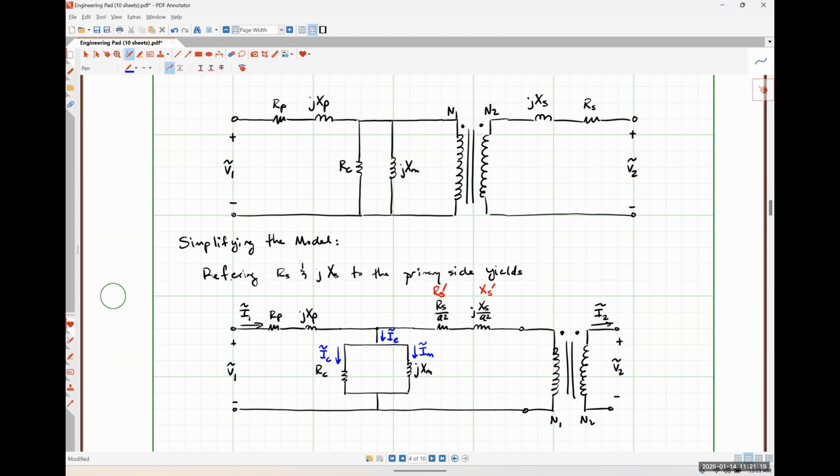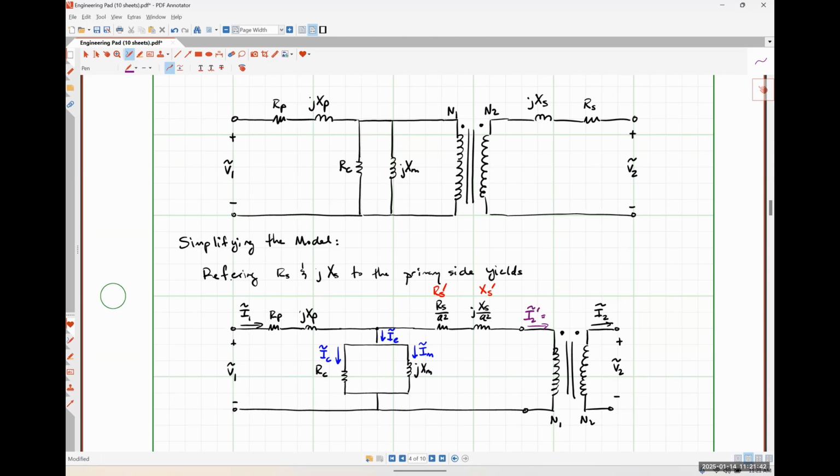Now, let's look over here really quickly. I'm going to do these guys in purple. This current right here, I'm going to call I2 prime.